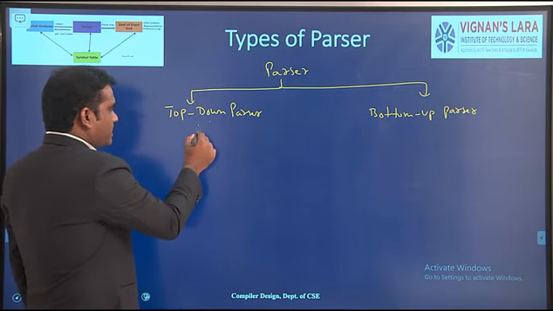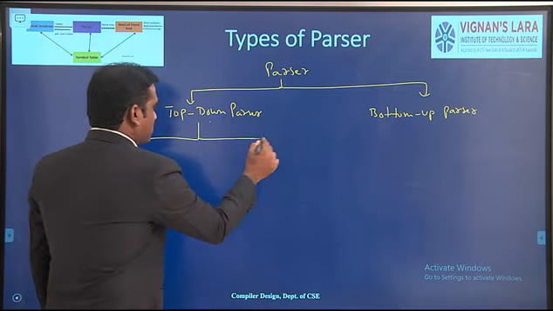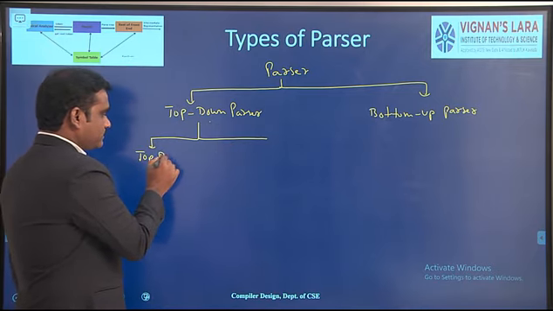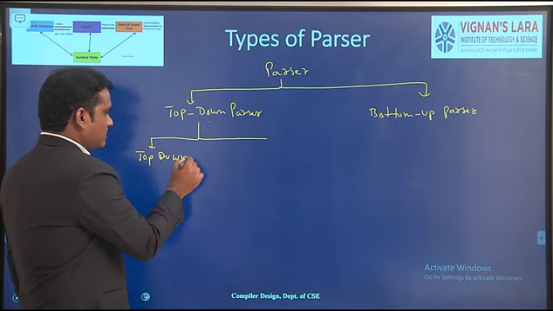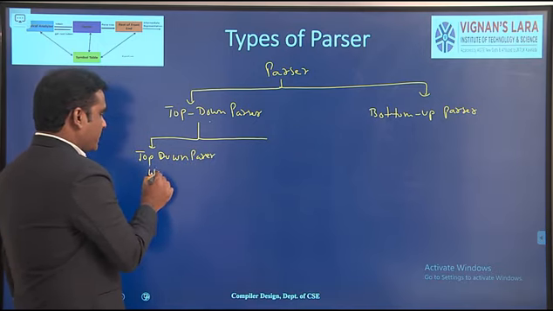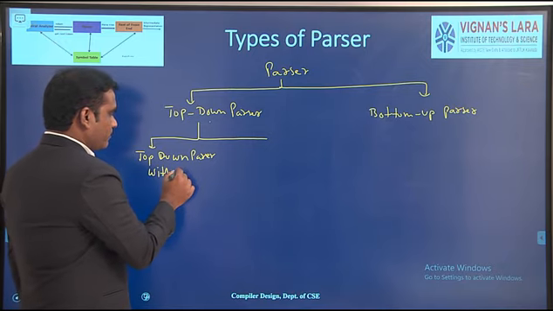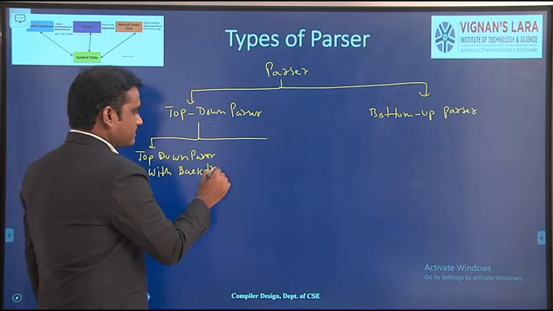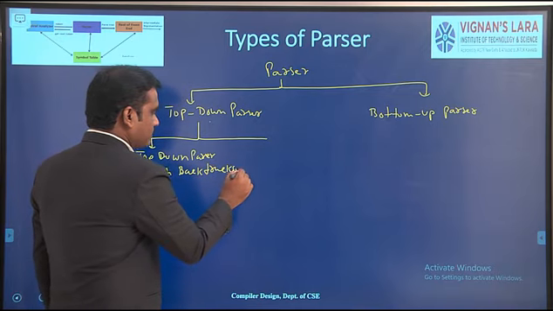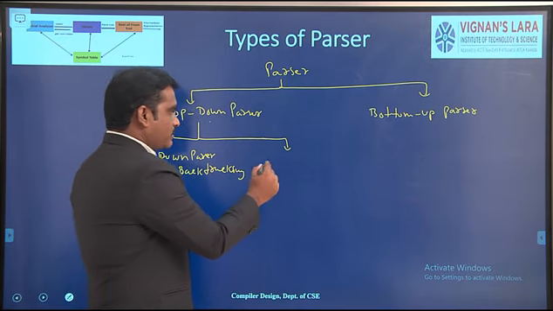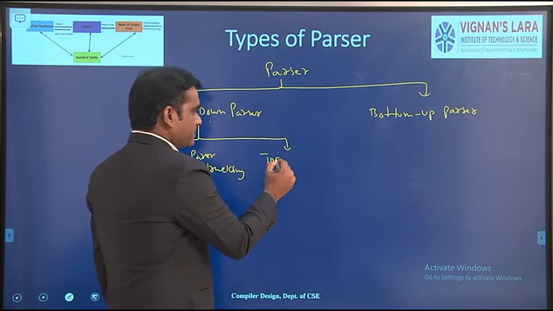Again, this top-down parser is divided into two types. One is top-down parser with backtracking, and the second one is top-down parser without backtracking.